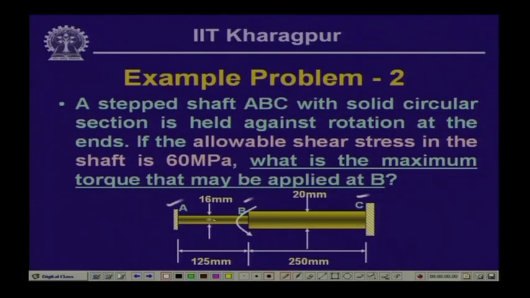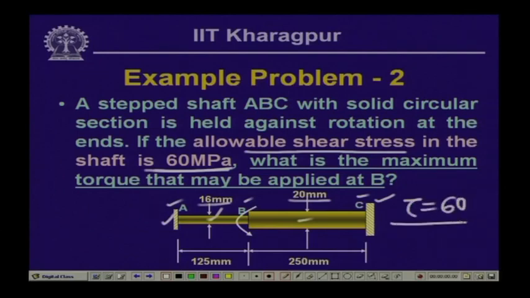It has two parts, a stepped one: the first part has a diameter of 16 millimeter, the second one has a diameter of 20 millimeter, and it is held against rotation at A and at C. If the allowable shear stress in the shaft is 60 MPa, so tau is limited to 60 MPa, then what is the maximum torque that may be applied at B?